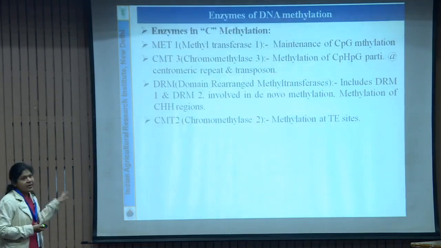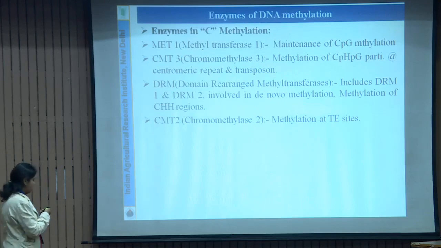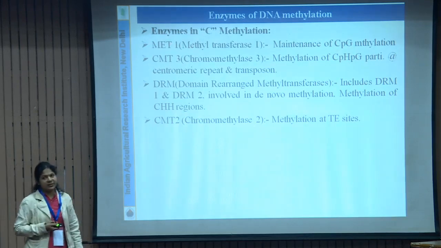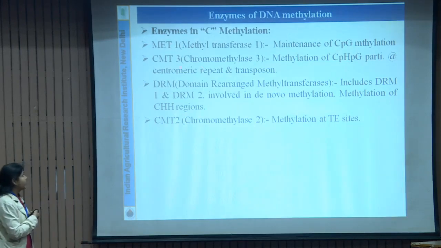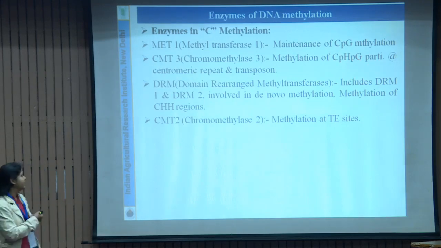These are the few enzymes which do this kind of DNA methylation. Methyltransferase MET1 is an enzyme which is involved in maintenance of CG methylation. Chromomethylase is an enzyme which is involved in maintenance of CHG methylation. It is generally doing methylation at repeat regions, centromere regions and transposons.